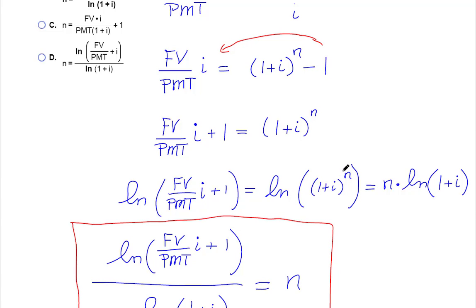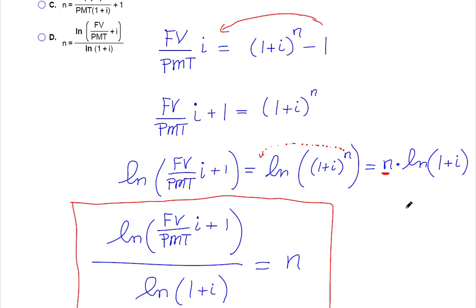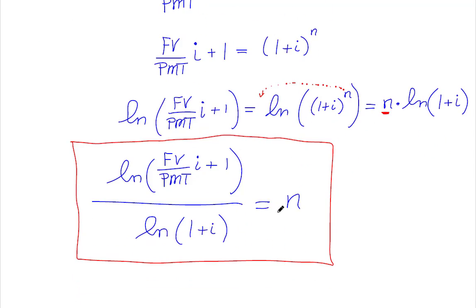When you do that, this exponent will come out into the front. See, it's right there. And now it's easy because I've got n times something and this big giant thing on the left. So I simply divide both sides by the ln of 1 plus I. And so we get our formula for n.